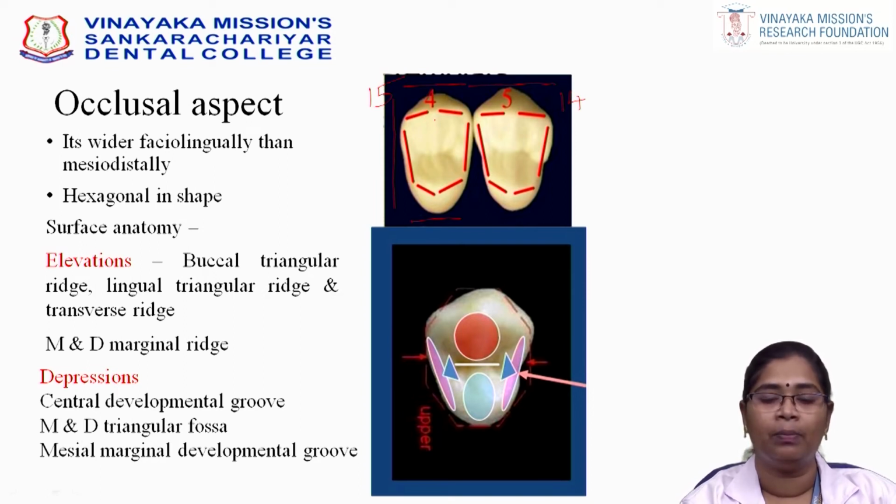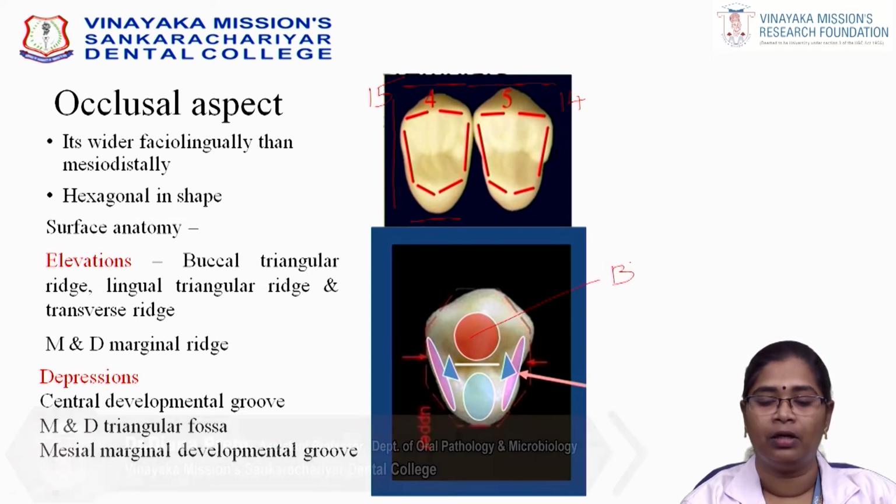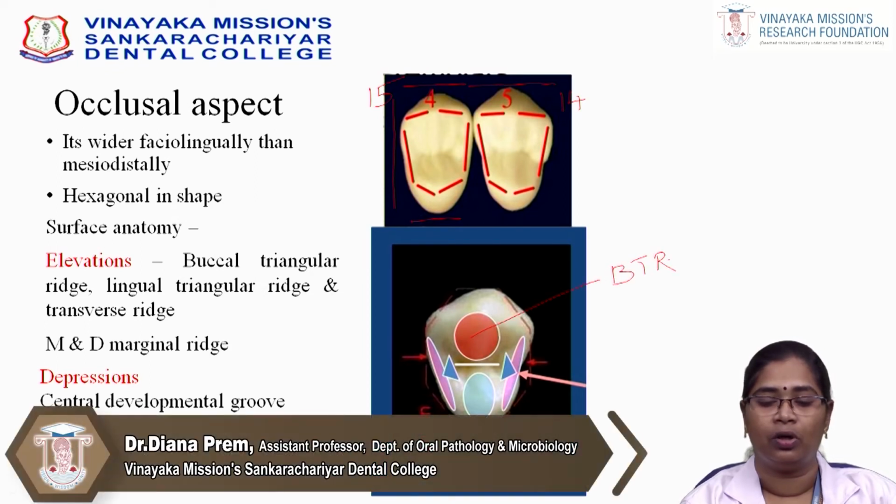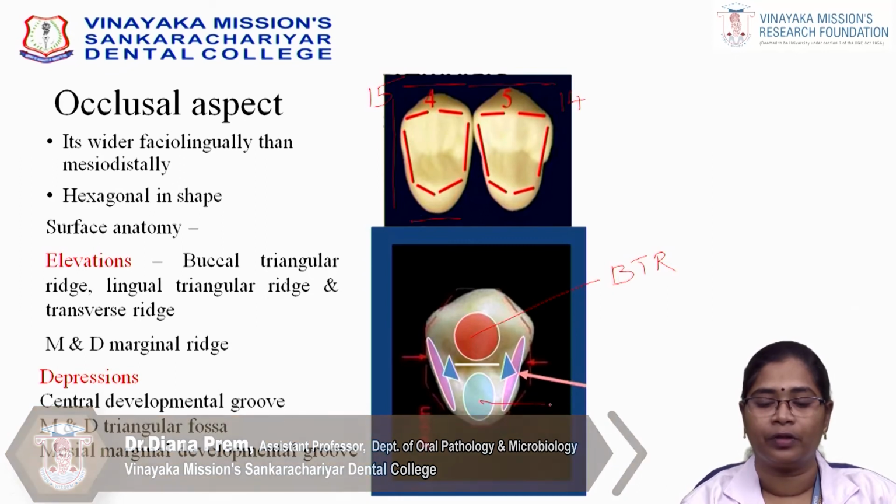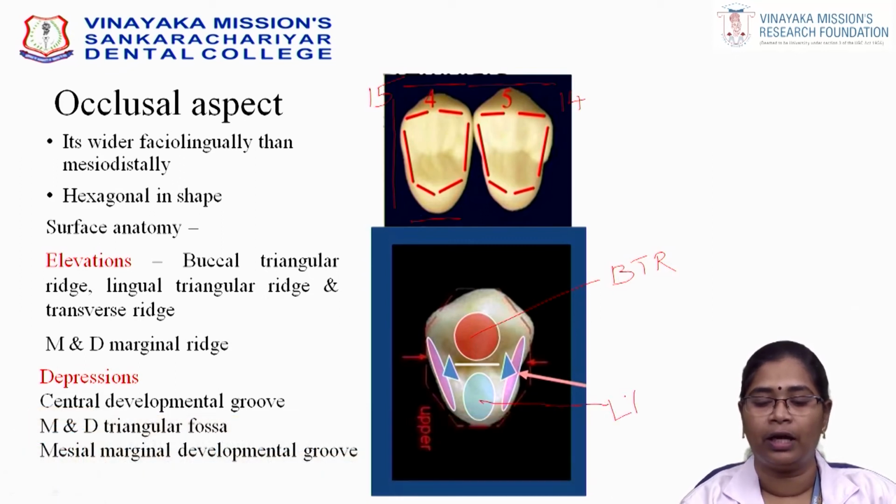When coming to the buccal cusp, there is the buccal triangular ridge. This is the buccal triangular ridge, and this is the lingual triangular ridge. These two ridges join together forming the transverse ridge.